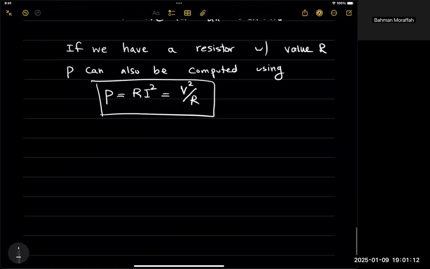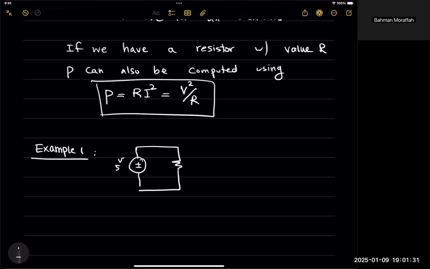So let's do a few examples to see how it works. Example one. Let's just say I have a circuit that looks like this. This is 5 volts. There is a resistance here with value 5 ohms.